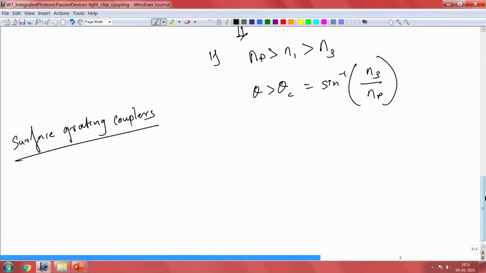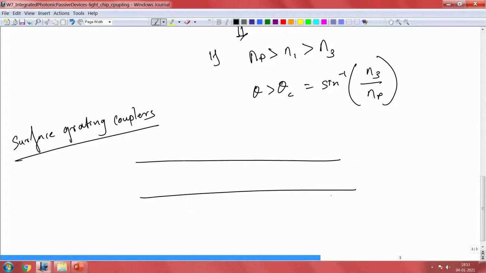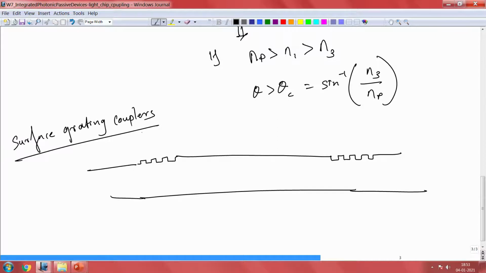The way to look at it is you take a thin slab, and we will make corrugations here. It is rather smooth here, but I do not want smooth. So, we will make gratings here for coupling the light from the surface, and then we can also take the light out.